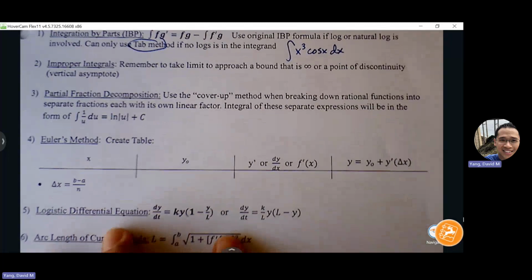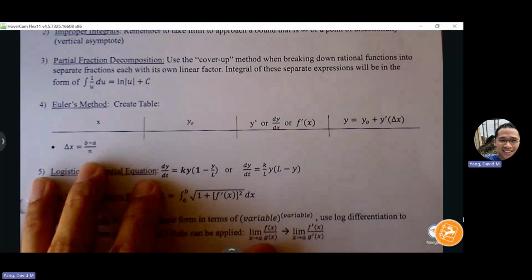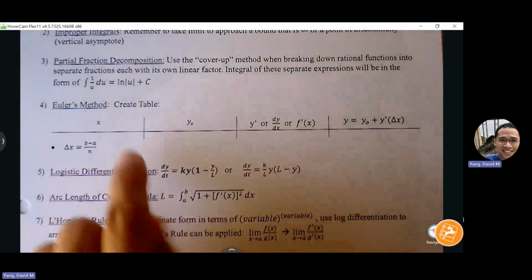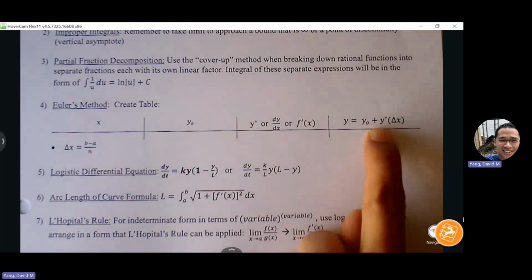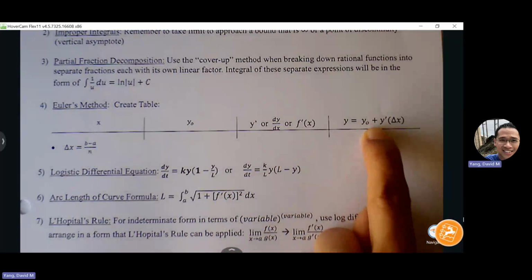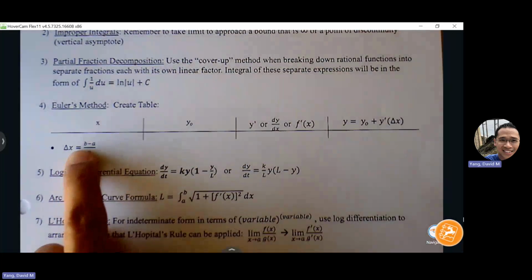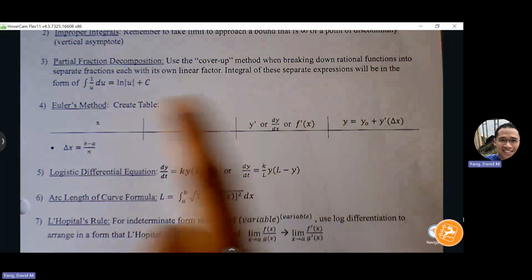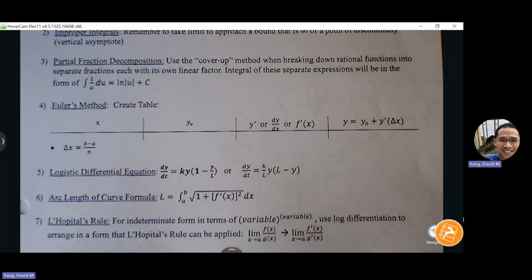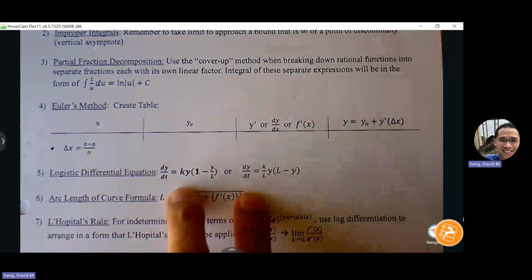Okay, Euler's method is kind of like an extended linear approximation. We create a table with x, y sub 0, y prime, and then our y equals y sub 0 plus y prime delta x. We find out what delta x is, and then we're just going down the line and gathering more information until we get to our approximation.